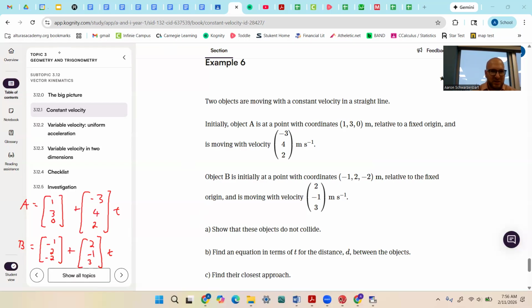And so I'm again going to just solve the first line and set them equal to each other. 1 minus 3t equals -1 plus 2t.